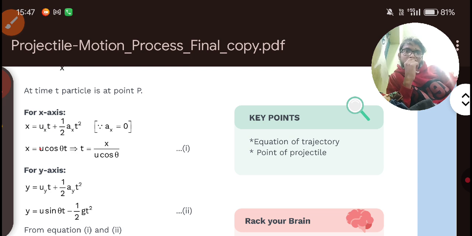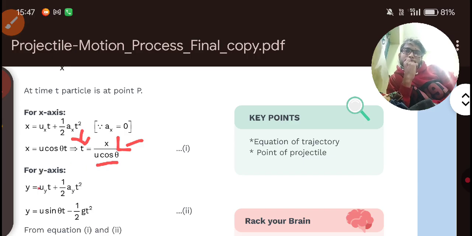Ux is nothing but u cos theta. So t will be equal to x upon u cos theta. It means to find the time, you can use this equation.